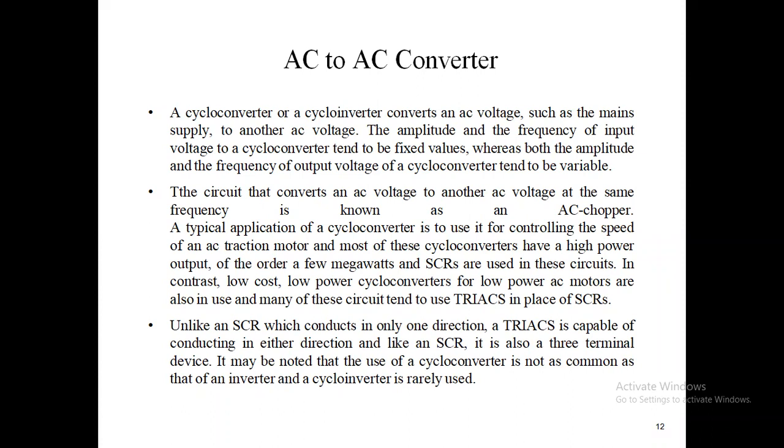There will be lots of waveforms that we have to draw also. Sometimes in the exams they ask about the waveforms, like what are the waveforms of the current or voltage across any element, since there will be lots of elements in a power electronics converter.